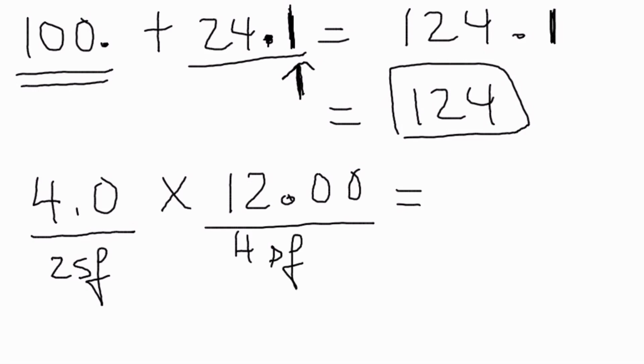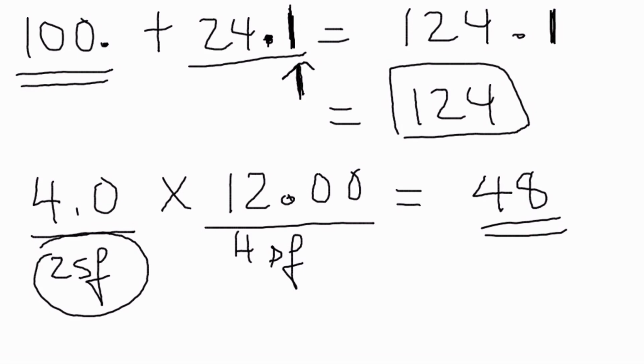That tells me right off the bat that my answer has to have 2 significant figures, because I have to choose the number with the least number of significant figures. So my answer is 48, which also has 2 significant figures.